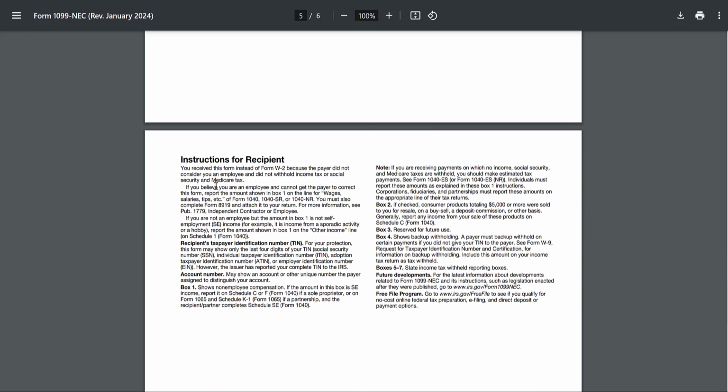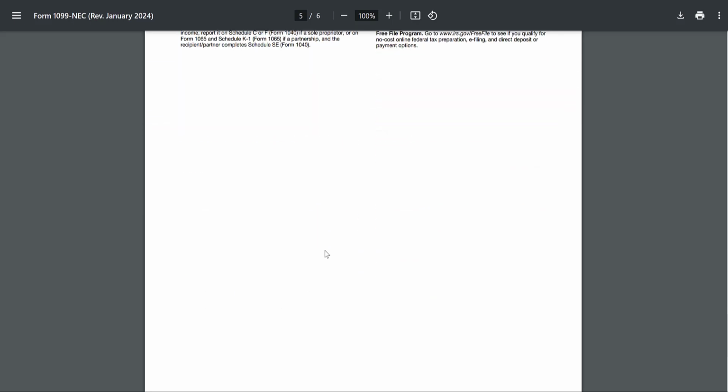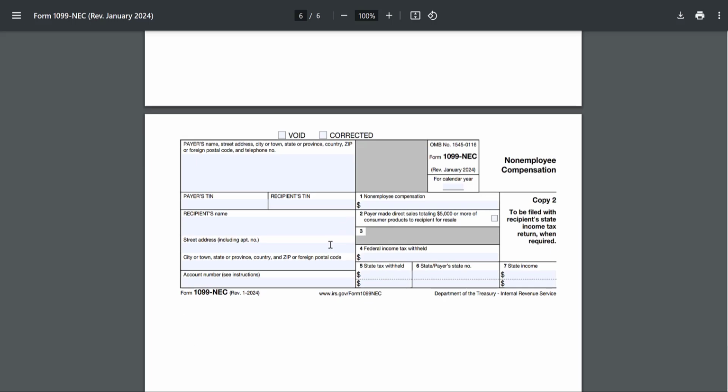And then there are instructions that you're going to include for the recipient, which go along with the 1099 NEC. And then you can also include copy 2 to the recipient, to be filed with their state income tax return if required, okay?